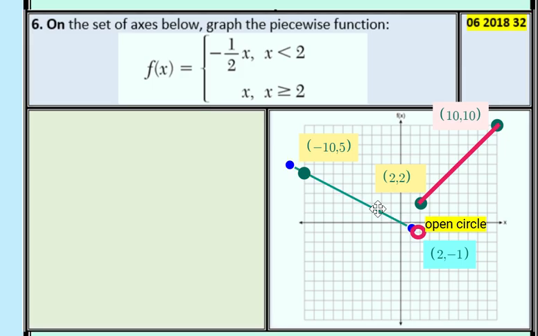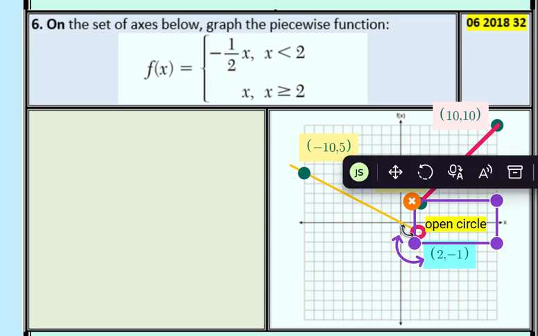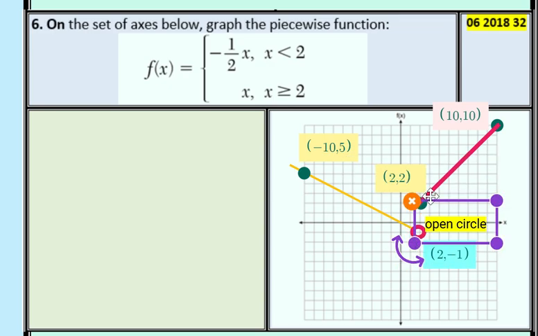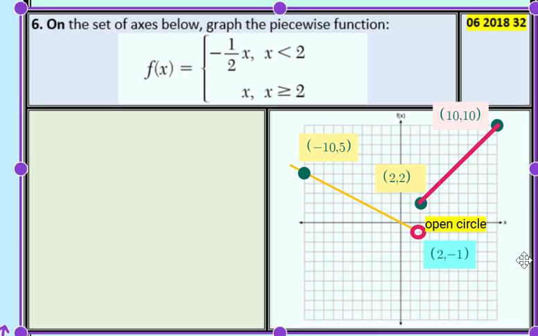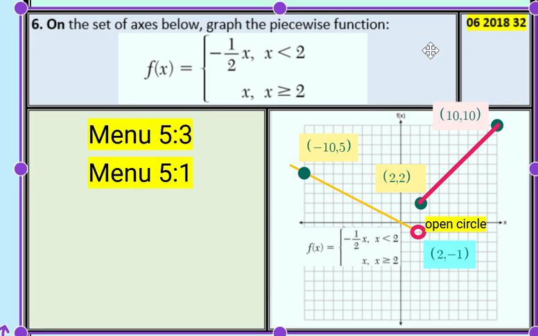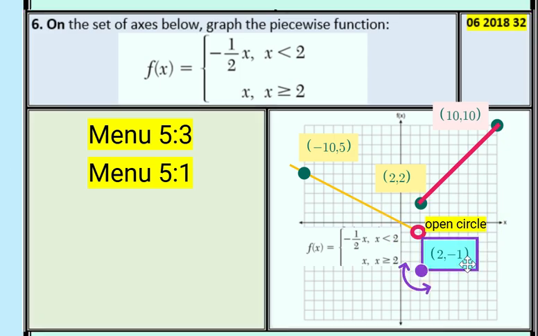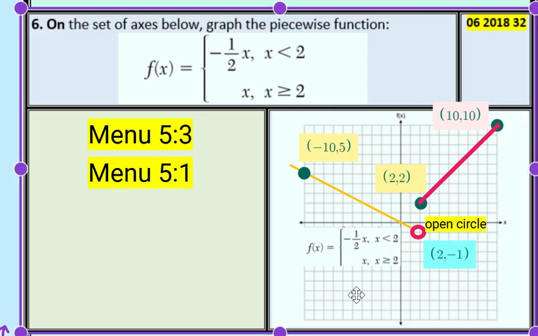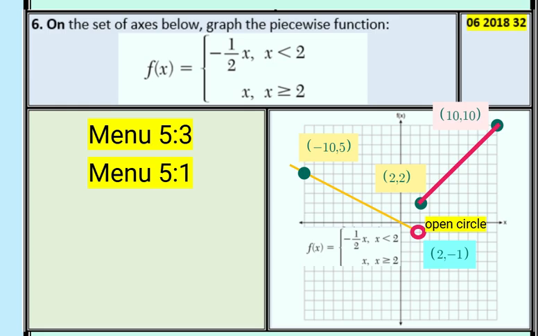I took my lines to the edge of the graph, and I made sure not to extend these functions beyond where the pieces go. That's why we really want to use the piecewise template in the graphing calculator. So our final step is to label the graph with the parameters included, and this is full credit for question number 6.